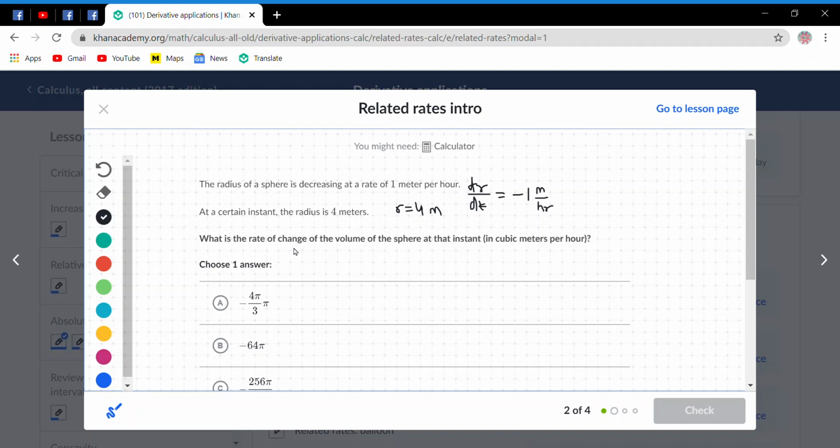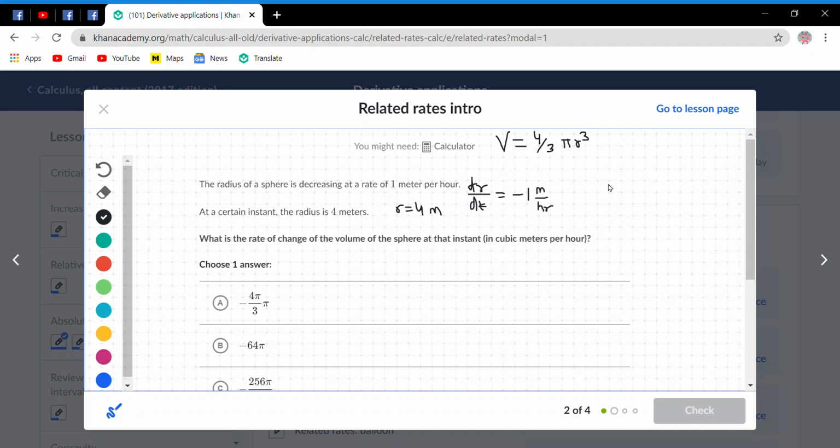What is the rate of change of the volume of the sphere? As we know, the volume V is equal to 4/3 pi r cubed. This is the volume of the sphere at 4 meters in cubic meters per hour.